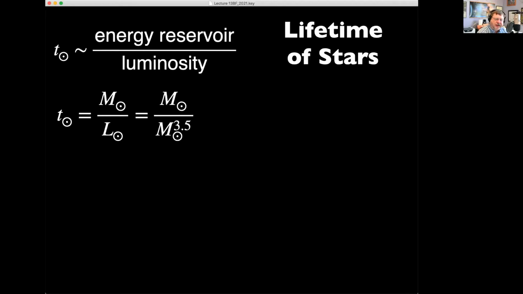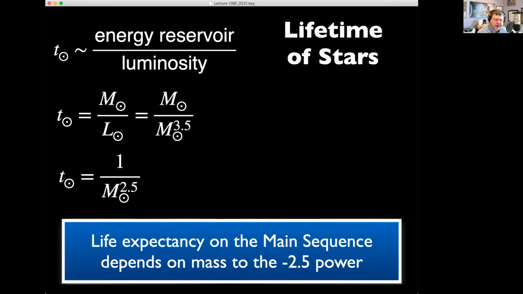So the lifetime of a star goes as the mass of the star divided by the luminosity, which, as we just said, goes as m to the 3.5 power. So the lifetime of stars is approximately the mass over the mass to the 3.5, or 1 over the mass to the 2.5 power. So the life expectancy in the main sequence depends on the mass to the minus 2.5 power.